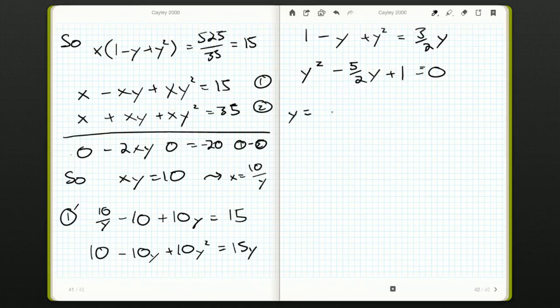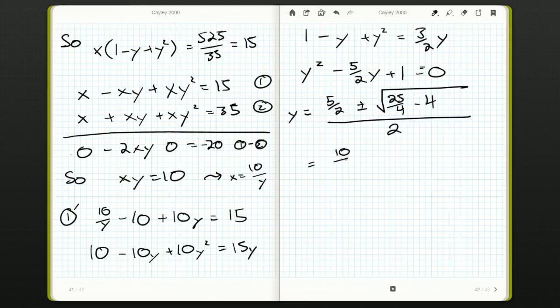So y is going to be equal to negative b plus or minus square root of b squared, so that's going to be 25 over 4, minus 4ac. Well, both a and c are 1, so that simplifies things, all over 2a.